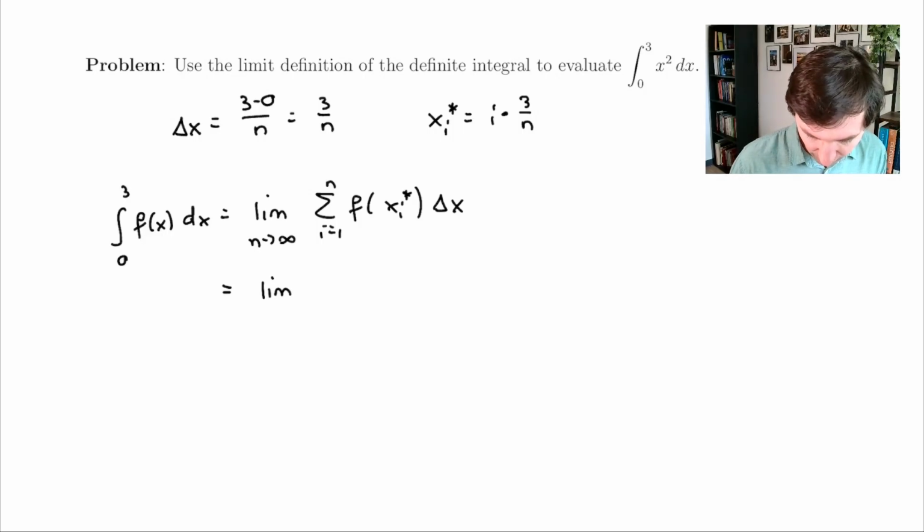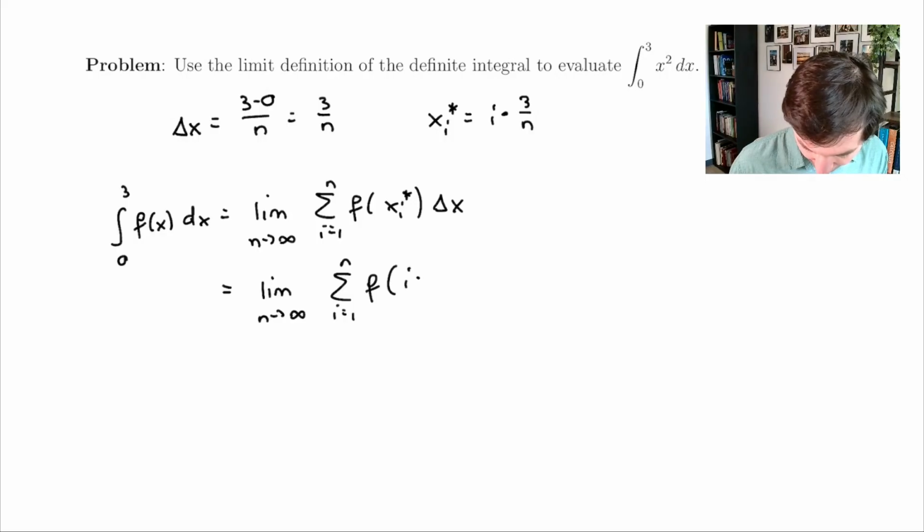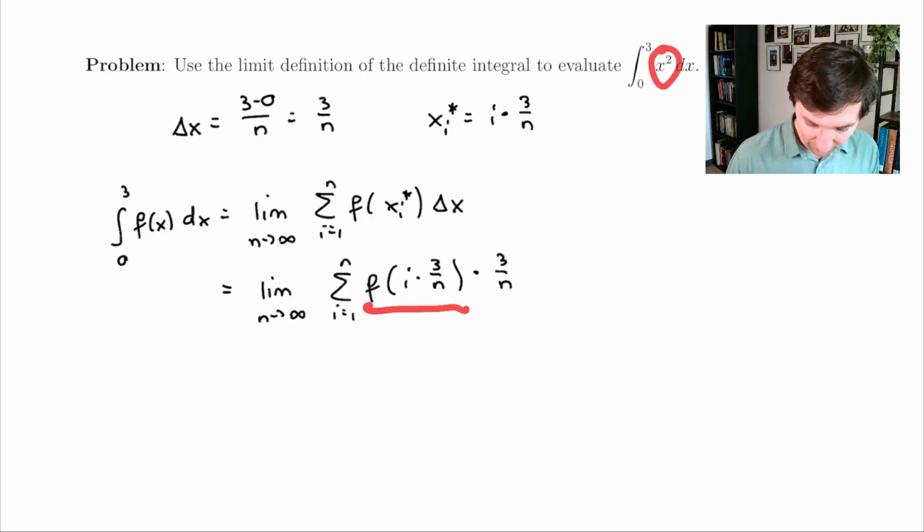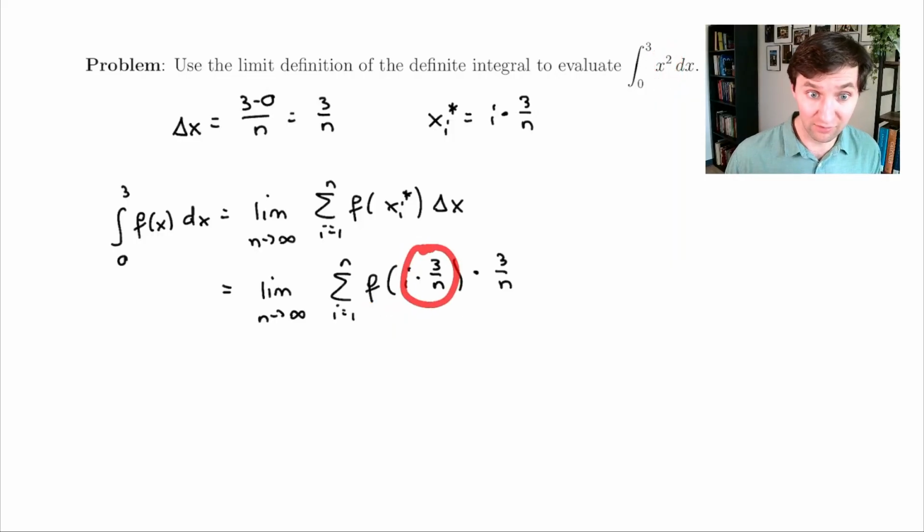I can then rewrite this as the limit as n goes to infinity of the sum from 1 to n of f of i times 3 divided by n times, and instead of delta x, I can write 3 divided by n. My function is x squared, which means f of this expression must be this expression squared.